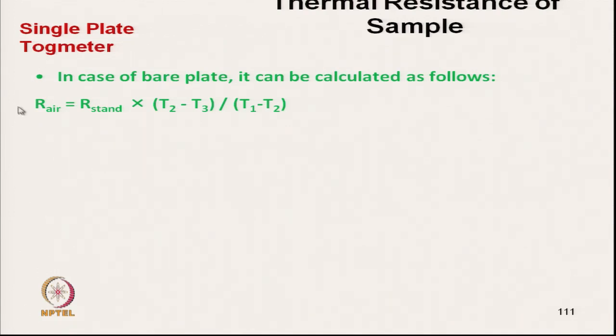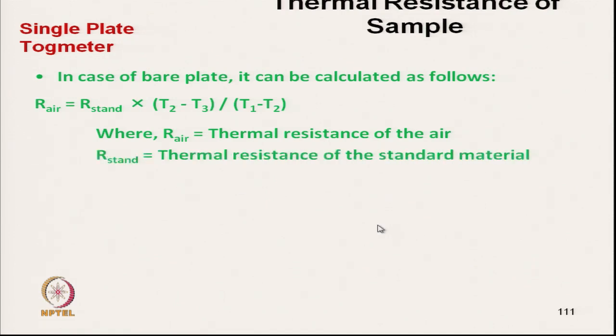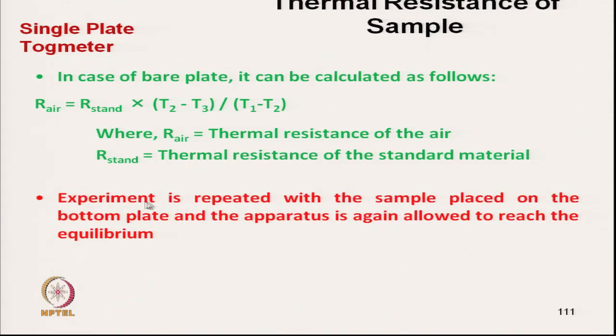As we have seen earlier, R air is the thermal resistance of air and R standard is the thermal resistance of the standard material. The experiment is then repeated with the sample placed on the bottom plate, and the apparatus is again allowed to reach its equilibrium.